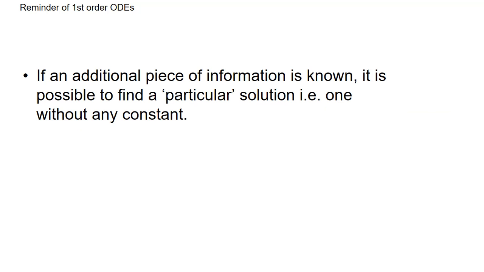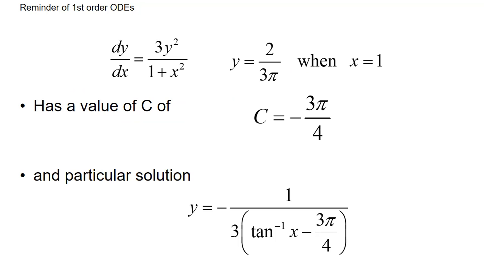But if in addition to the equation we're given one additional piece of information, we can find the value of the constant, and that gives us the particular solution. So, going back to the equation here, if we were also told that when x is equal to 1, y is equal to 2 over 3 pi, we end up with a value for c, and we can write our solution y without any constants.